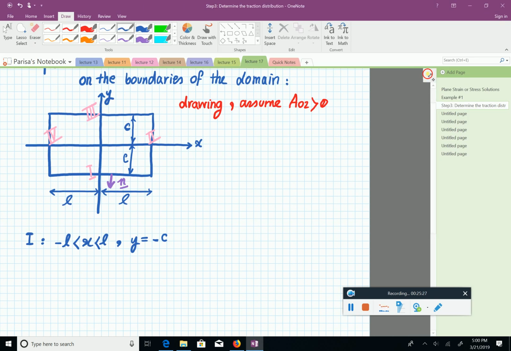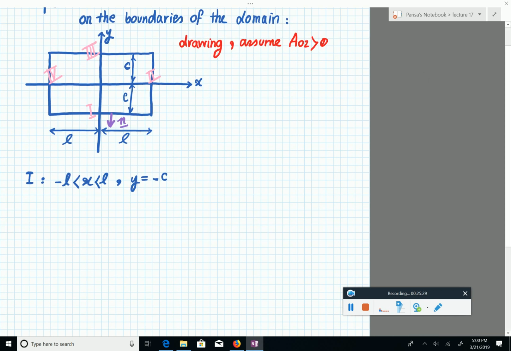So you can very easily write the traction. So for this one I write it so we have the same notation. So Tx, remember, is sigma xx nx plus sigma xy ny.